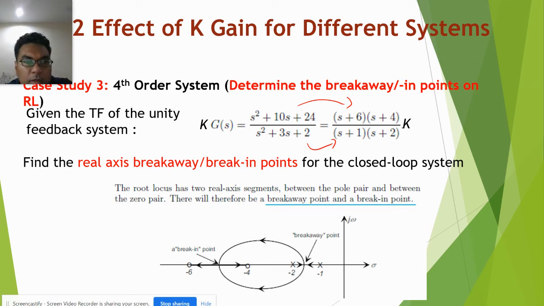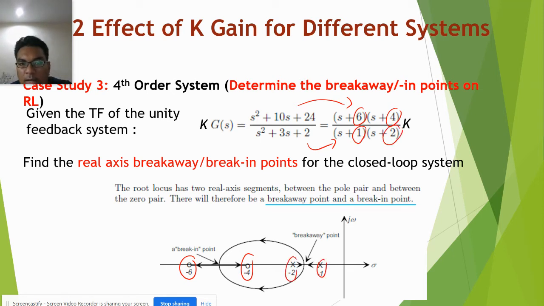The root locus has two real axis segments, between the pole pair and between the zero pair. We know that there are zeros at -6 and -4, and the poles start from -1 and -2.